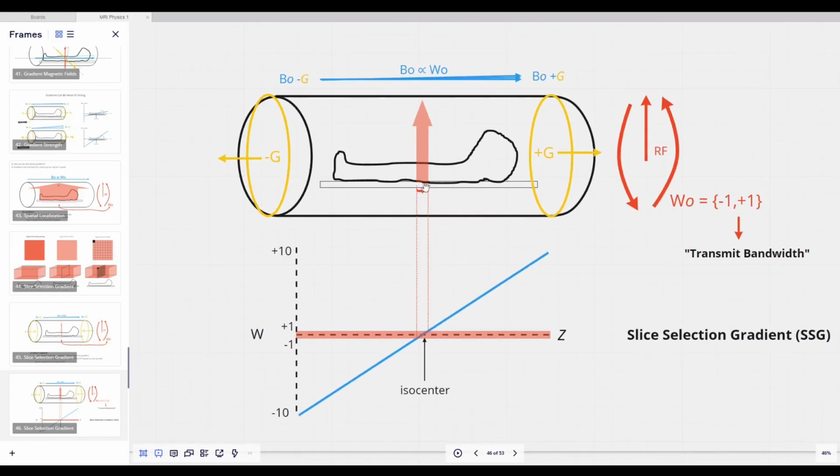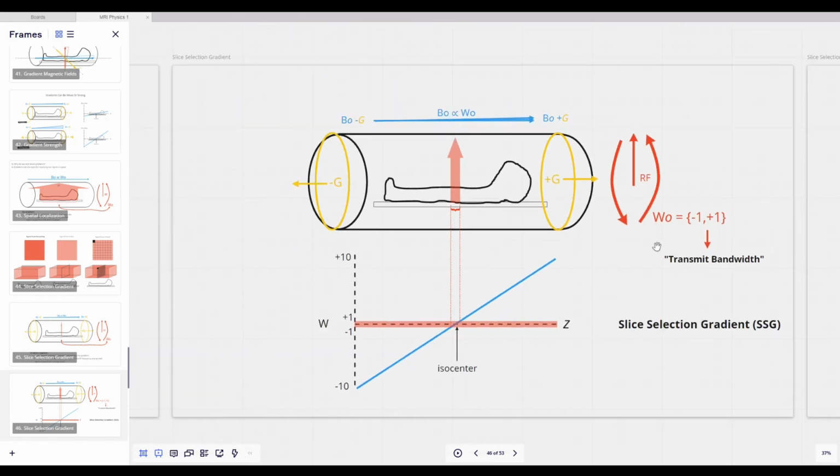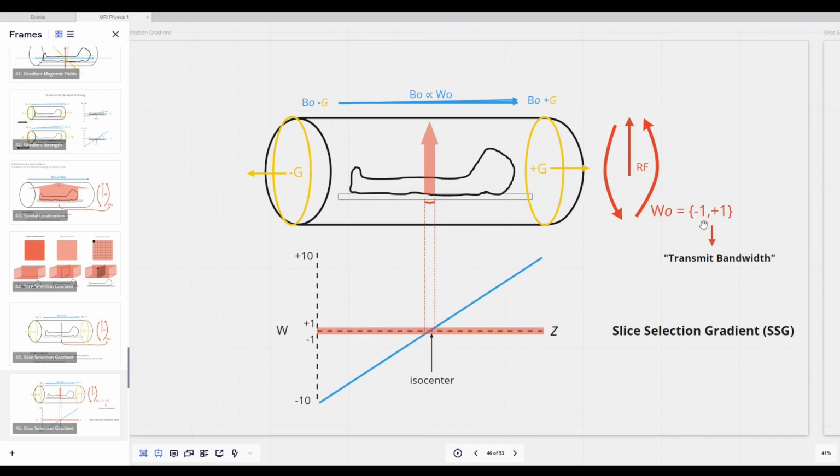Well, it's this slice. This is the basis for our slice selection. And this range that we're picking is called transmit bandwidth. Okay, it's the range that you're transmitting your RF pulse at. Transmit bandwidth basically just says it's the range of frequencies that you're trying to excite in the patient.